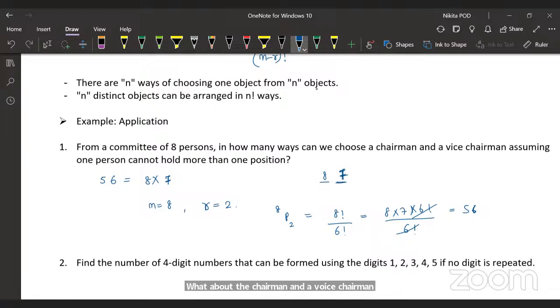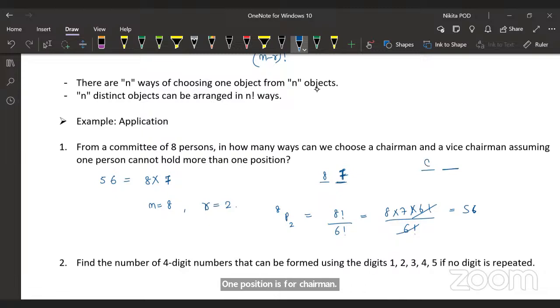So here it matters, right? We are asking: from a group of 8 people, you have to select 2 persons.